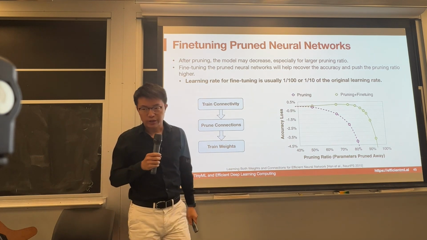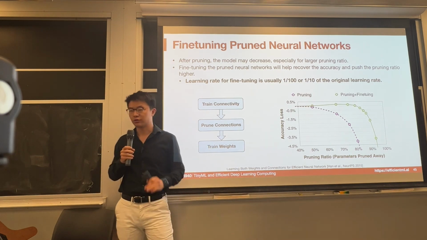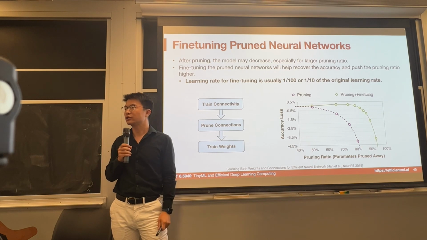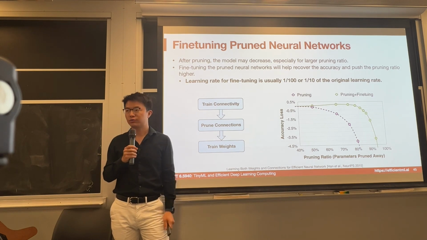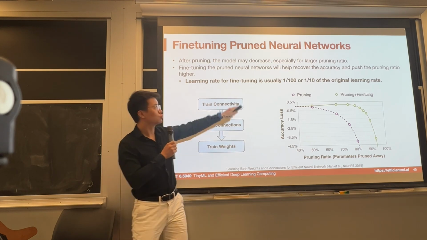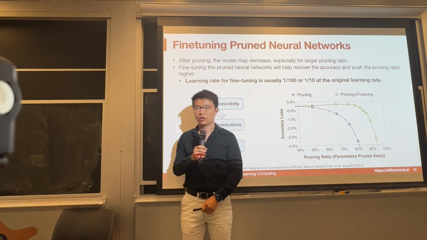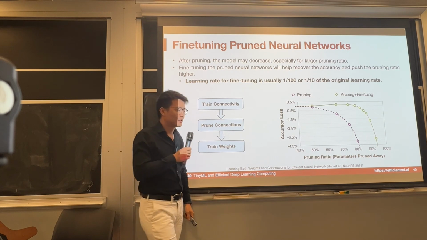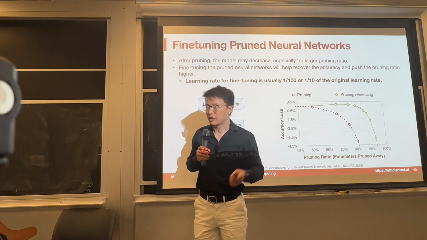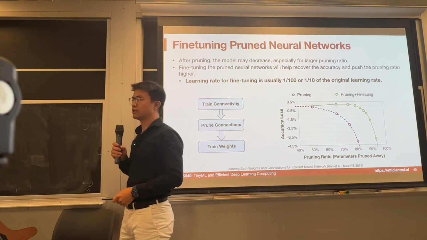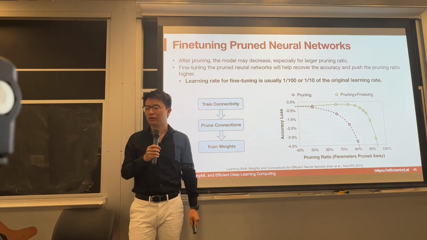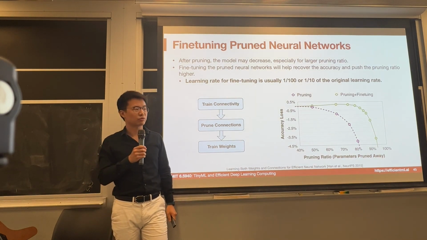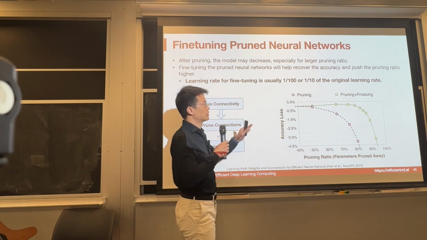So during fine-tuning, quick question: how should we change the learning rate when we are fine-tuning the pruned model? Should we decrease the learning rate, or should we increase the learning rate? Since the model pretty much already converged, right? Compared with an untrained model or some model trained from scratch, this is pretty much converged.